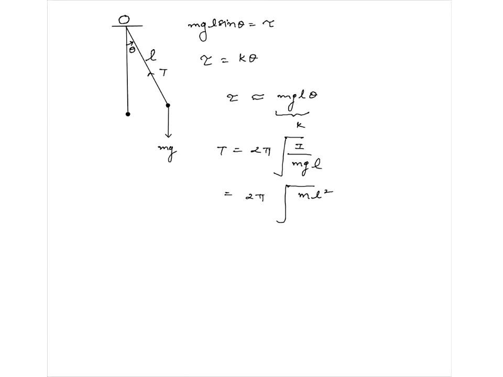We can handle that case, but that case will fall under physical pendulum. In case of simple pendulum, the bob has to be very small. So ml square upon mgl, and you are seeing a familiar result equal to 2 pi under root of L by g.